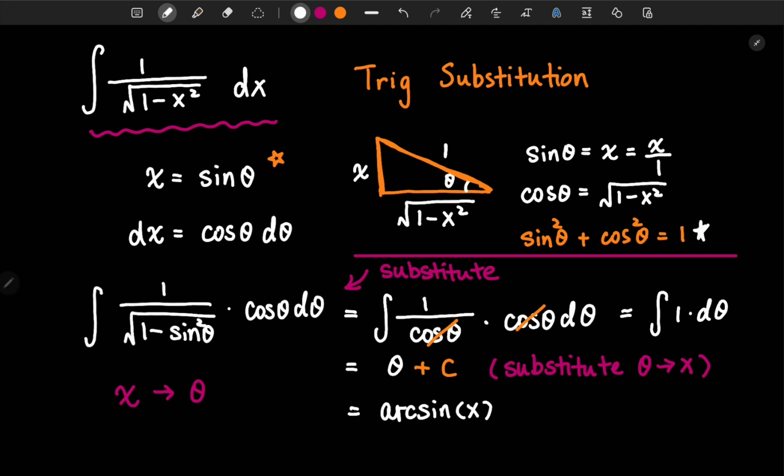This is just the inverse of the sine operation, which is called arc sine. So theta is equal to arc sine of x. And don't forget your plus c, your constant. This is going to be the answer for this question. Now, if you ever see this integral in the back of your book or somewhere, you know how they get to this answer.